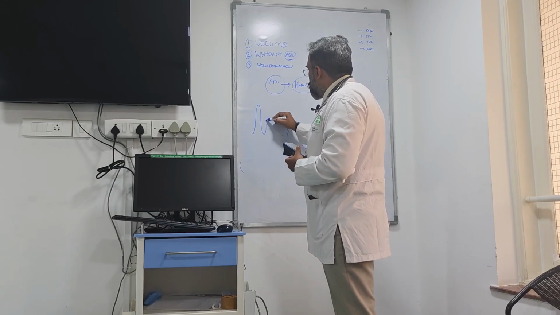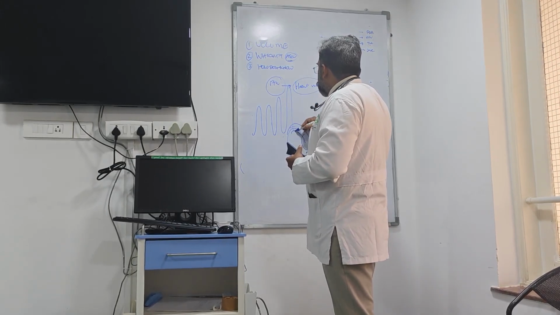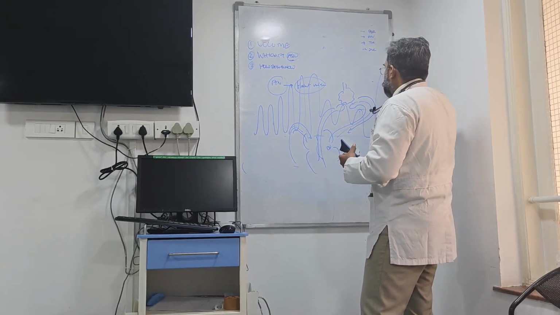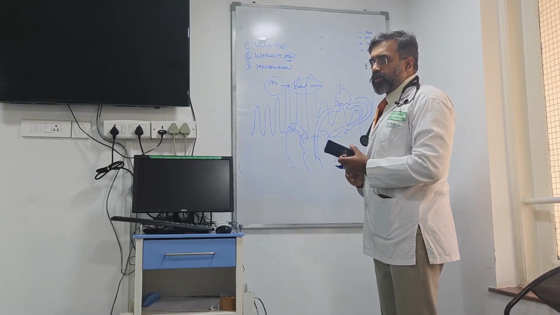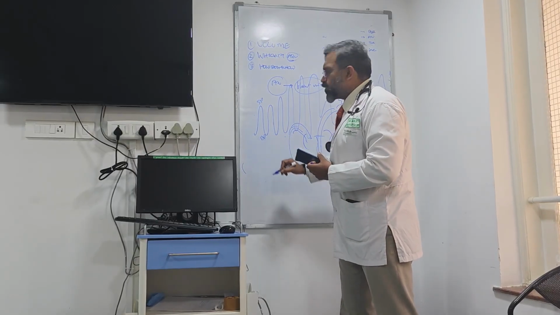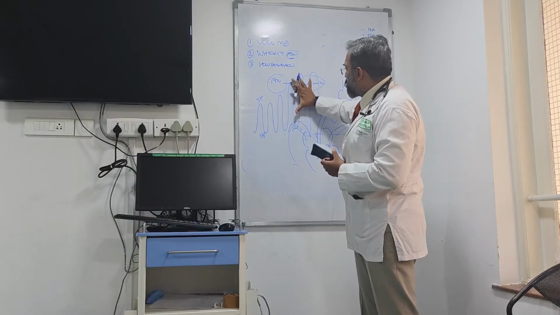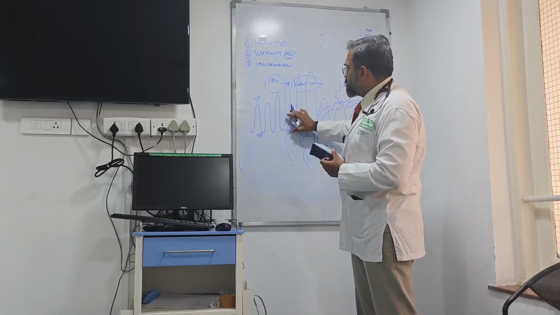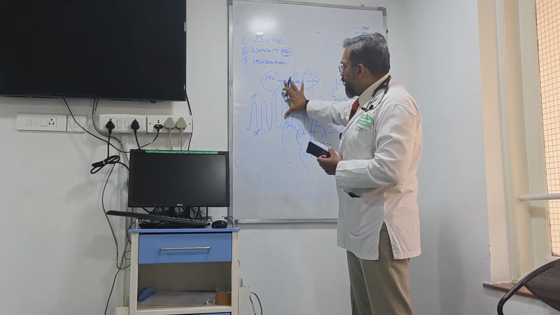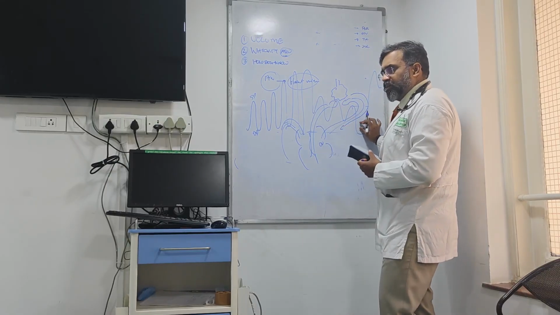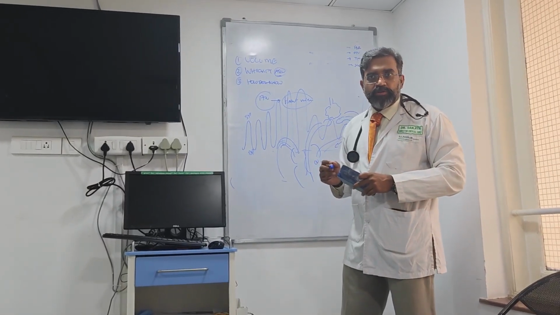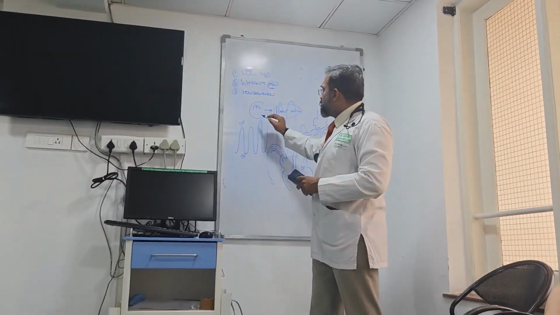Initially, along with the respiration, I will have my systolic pressure minus diastolic pressure vary. You understand? It's going bigger. So my pulse pressure has got bigger, which is equal to my cardiac output, and after some time it has become smaller. This is exactly what this pulse pressure variation is all about.